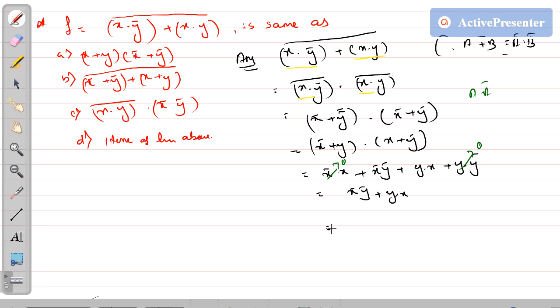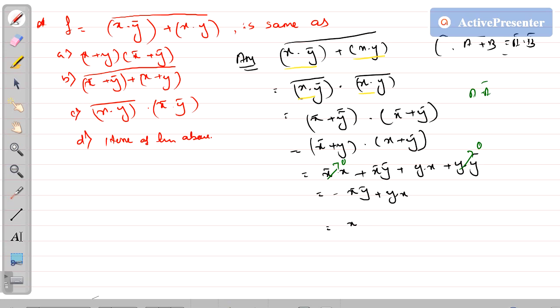If you apply De Morgan's theorem here, what can you write finally? Up to here no option is correct.